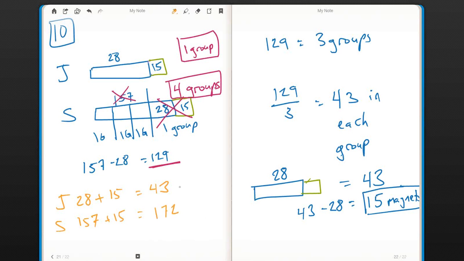And the question is, if I take Joseph's 43 and I multiply it times 4, does she end up with 4 times Joseph's amount? And that is, yes, Joseph's amount times 4 gives me Sarah's amount, and that means I know that my answer is correct. Help your students get in the habit of checking their work on a regular basis, when possible.